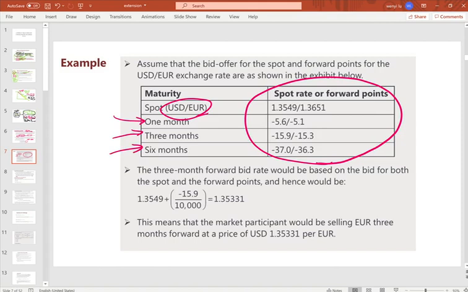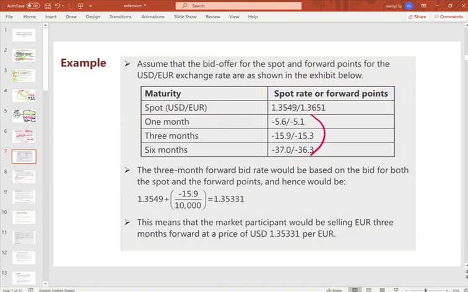So what is the 3 months forward rate based on this table? For the 3 months bid and 3 months forward, we can match this quote with our spot rate, and this is the forward discount or premium. If you see the minus, it means the forward takes a discount based on the spot rate. So the 3 months forward takes a discount from our spot rate with what?